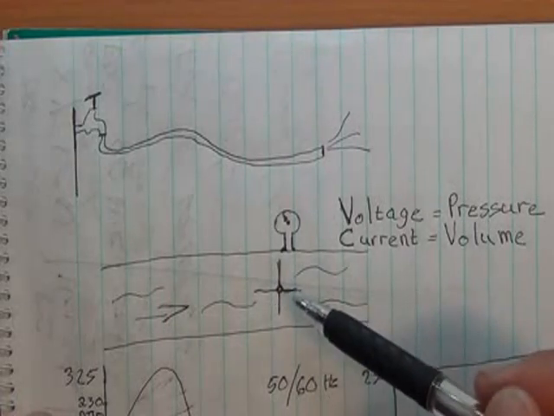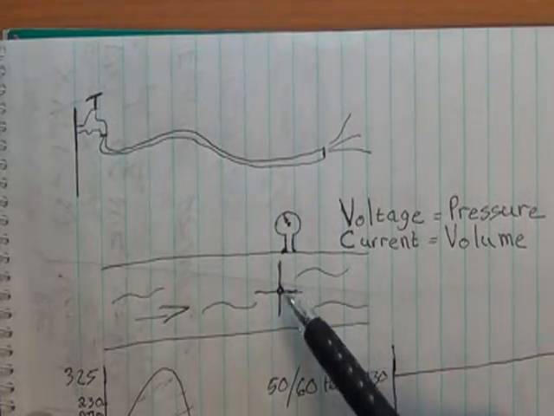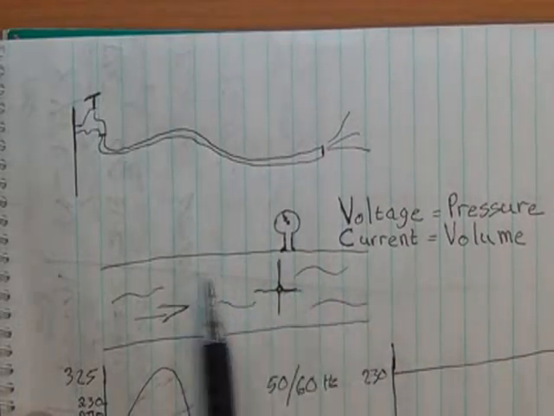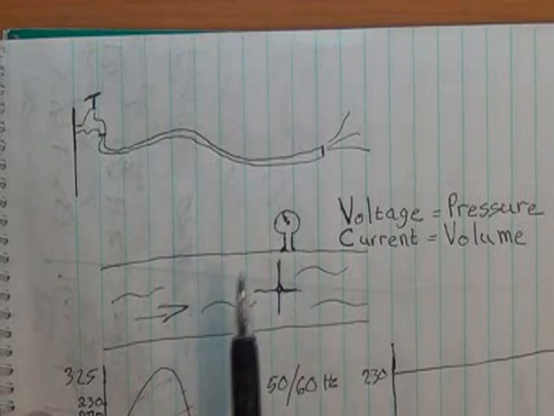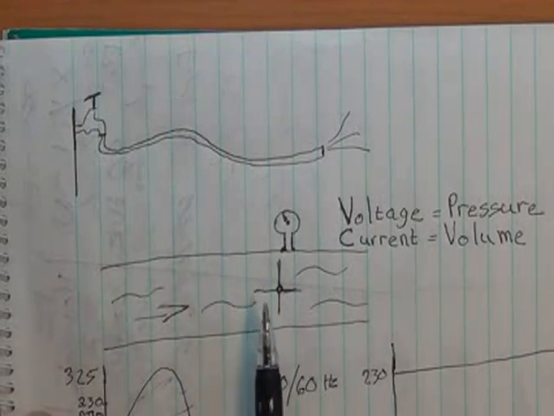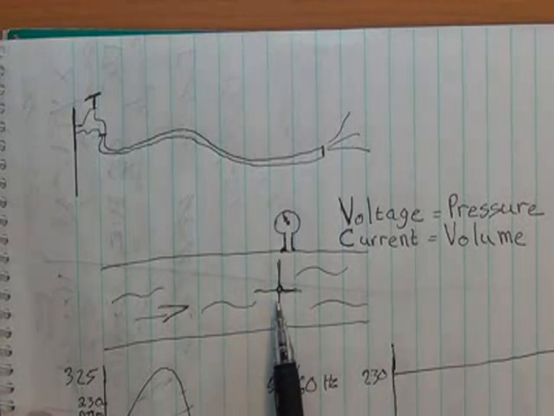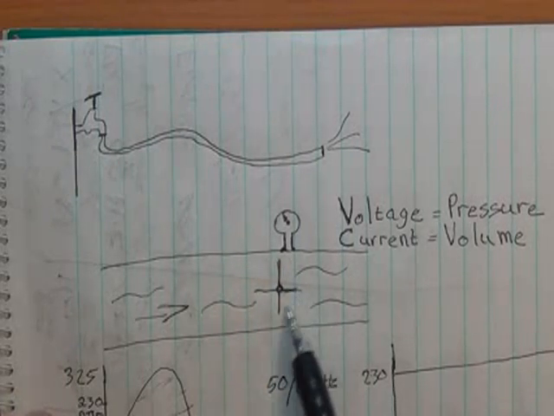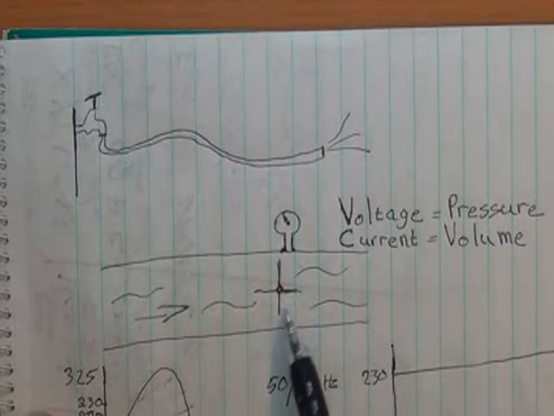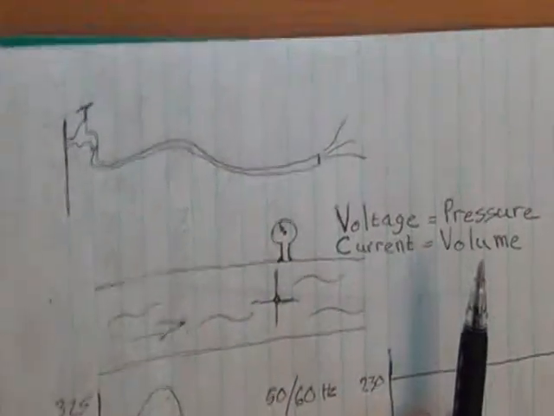You have to place your measuring device inside the flow. There is a caveat to that, and I'm going to come back to that. But for the most part, for the basic side of measuring current with a multimeter, you need to place your multimeter in the flow of electricity.